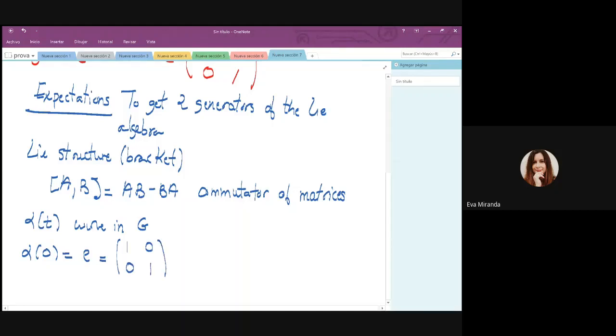And then I look at alpha prime of 0, and this is going to give me a generator of the Lie algebra. As simple as that.